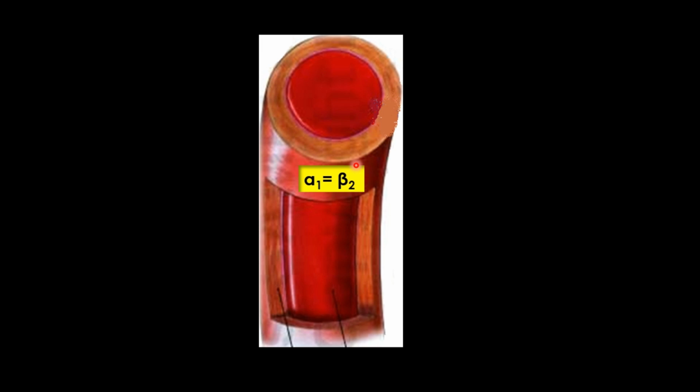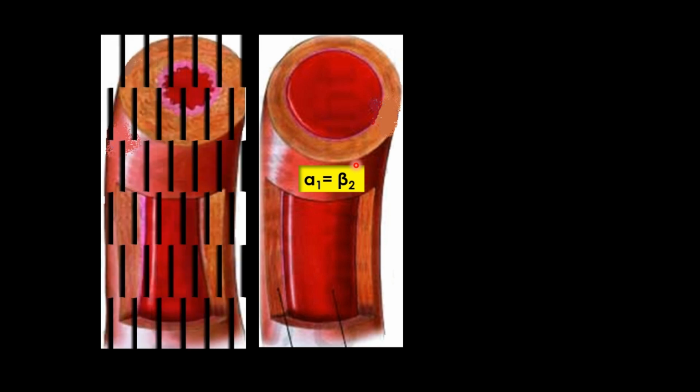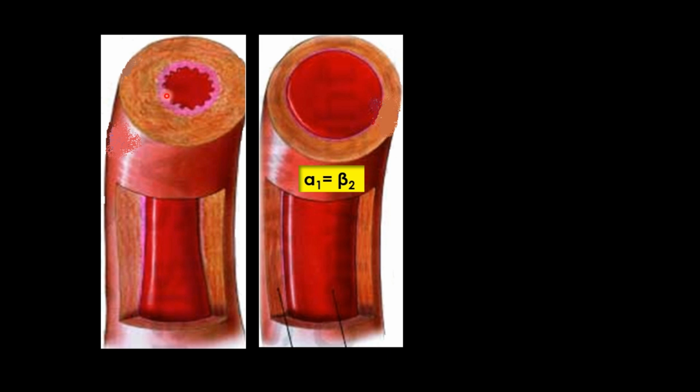There are certain types of blood vessels which cause vasoconstriction because they have more alpha 1 receptors than beta 2 receptors. So they cause vasoconstriction.